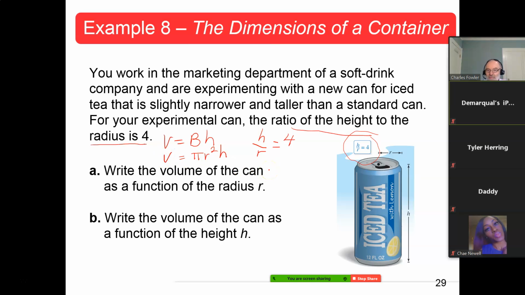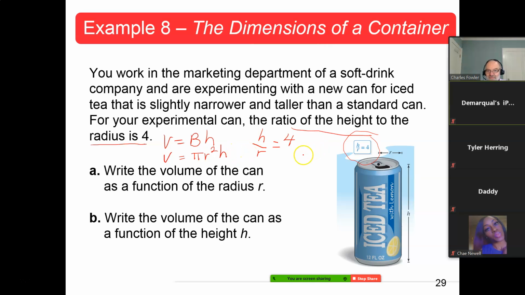The trouble is they want that written as a function of radius alone, not of height. This has two variables in it, radius and height. But we know that the height and radius are linked, you might say, by this statement here. So we want to get rid of the h and have only r.